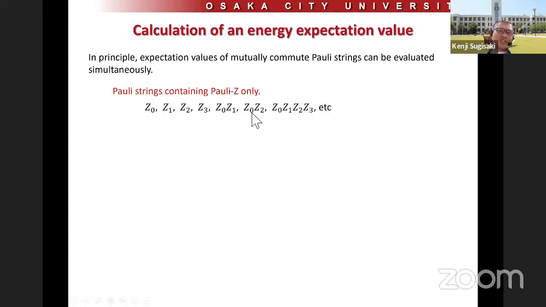So let us think of a Pauli string containing only Pauli z terms, something like this. We can easily confirm that these operators are commutative to each other. So we can evaluate all the terms at the same time. Also, Pauli strings having no identical qubit indices, for example, x0, x1, and y2, y3, can be evaluated simultaneously.